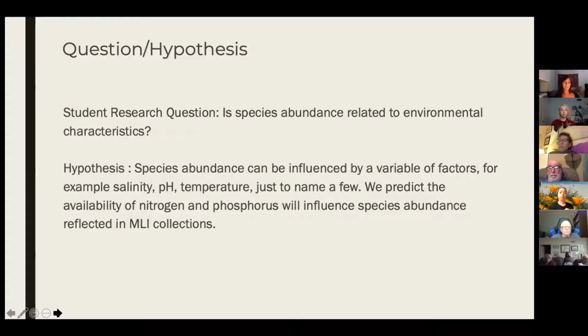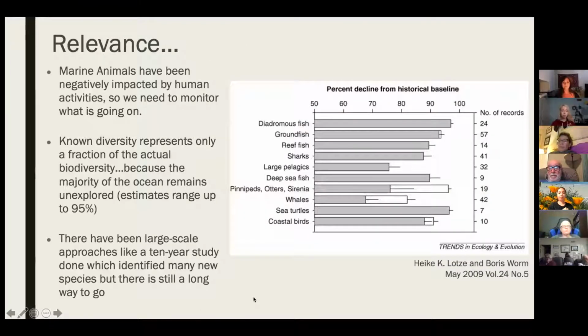as reflected in the marine life inventory collections. And this was another really valuable thing, I thought, for the students, this relevance piece. So I also left this in from her presentation. And she came up with these points of why this matters. Why is this even important to us? Why do we care? And to me, that's one of the biggest things that we can give our students, right?